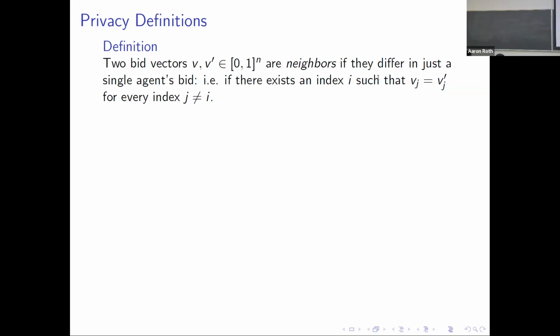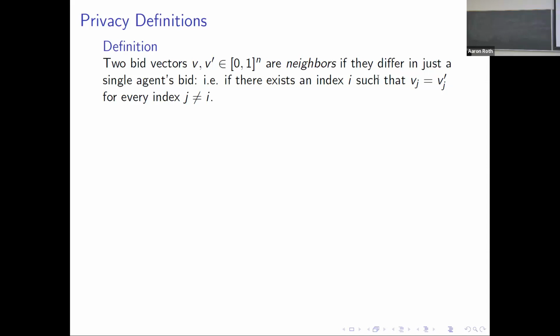Now this notion of a neighboring data set in which everything stays the same except your data, this is why there's a close connection between differential privacy and mechanism design, the way we've been talking about it. This is the notion of a unilateral deviation.